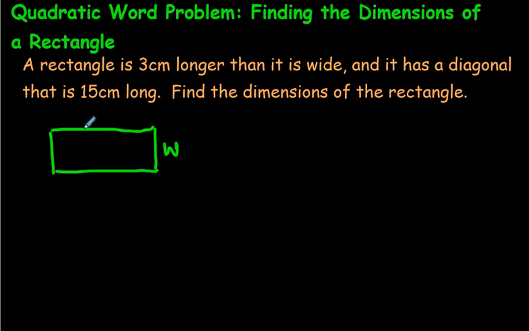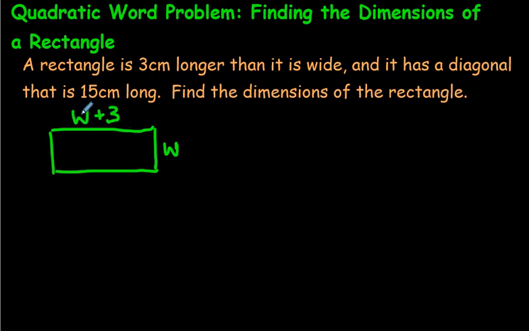Now the length is apparently 3 centimeters longer than it is wide, so would you agree with me we could write W plus 3 right here? I'm not writing centimeters right now because we're just dealing with numbers. At the end, we'll make sure we talk about centimeters.